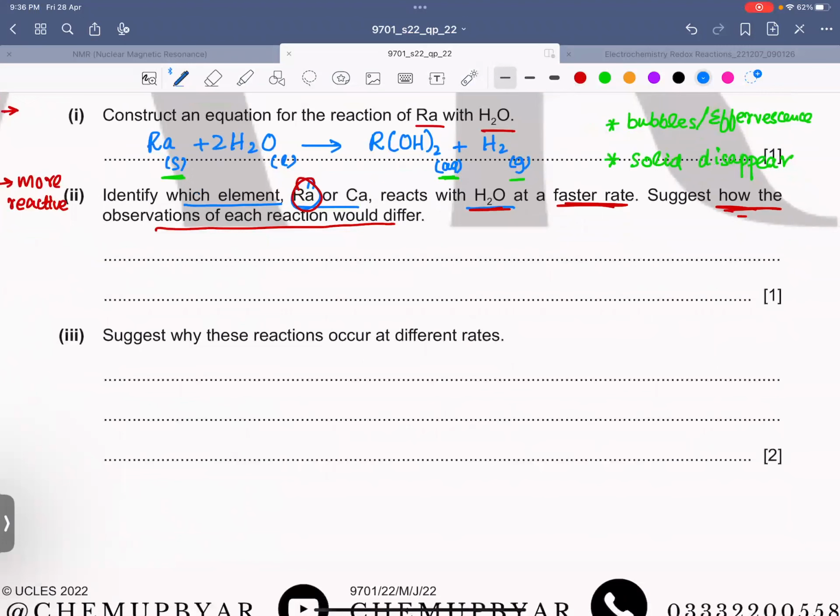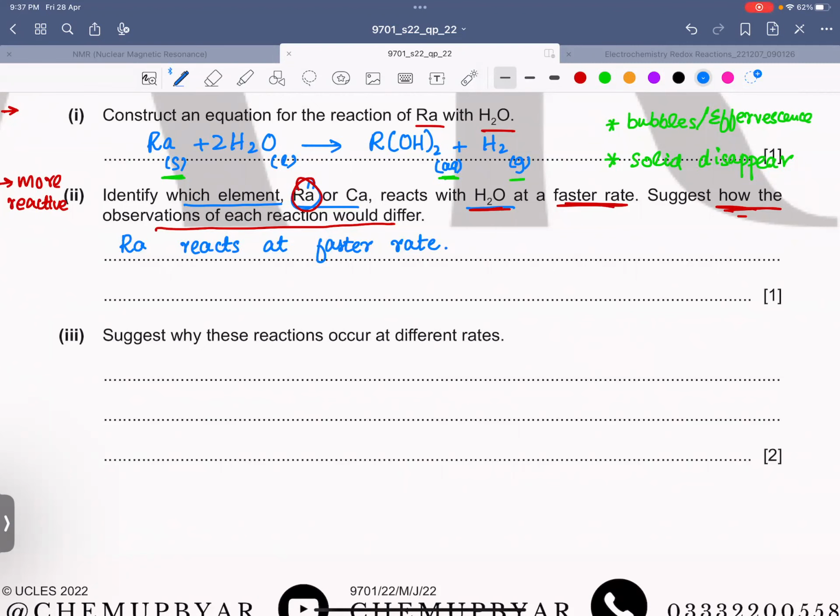First, we would write that radium reacts at a faster rate. First, we would identify the element, right? So radium reacts at a faster rate. Then we can write the difference in the observation by means of any one of these observations.